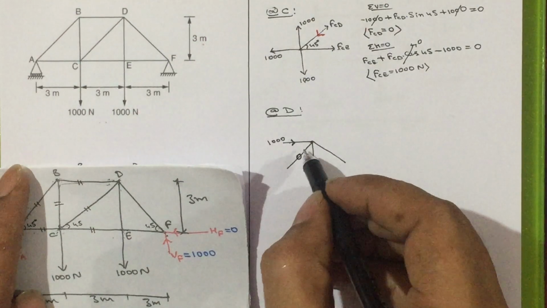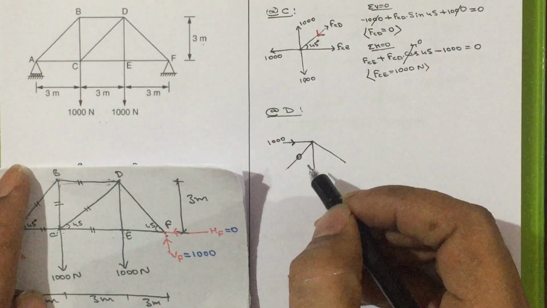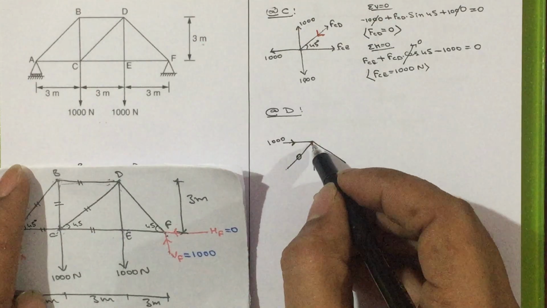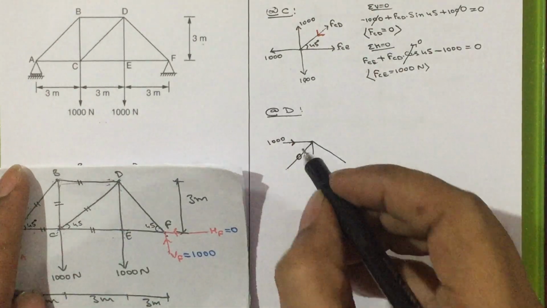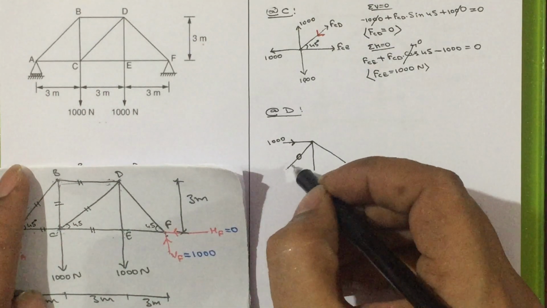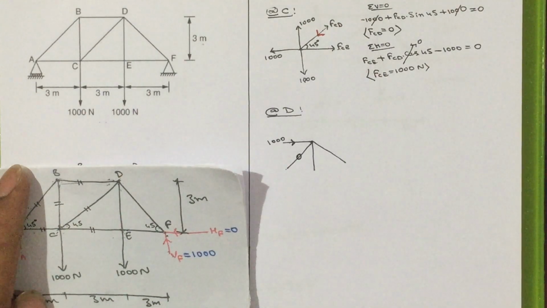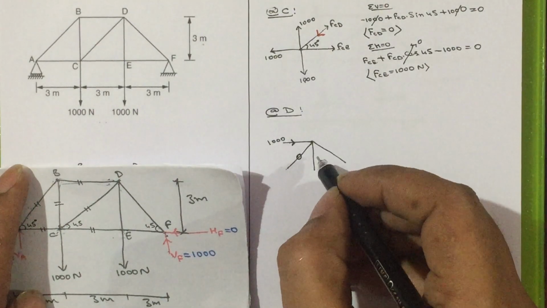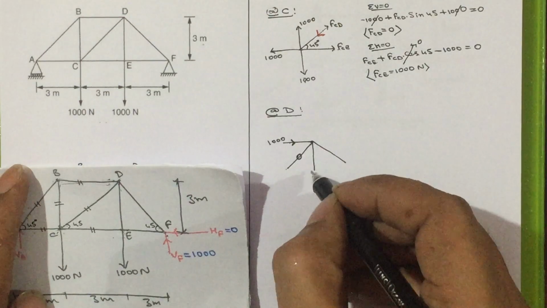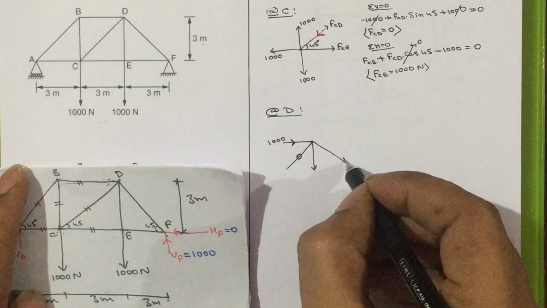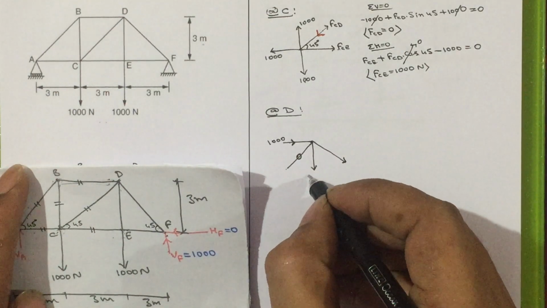I will repeat once again. This is the DC member. We already got the 0 value, so no need to consider. You can scratch it out. Then these two member values we don't know, so assume these two are in tension and write down.